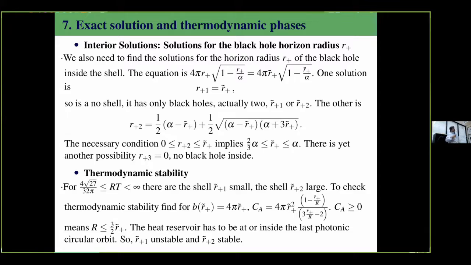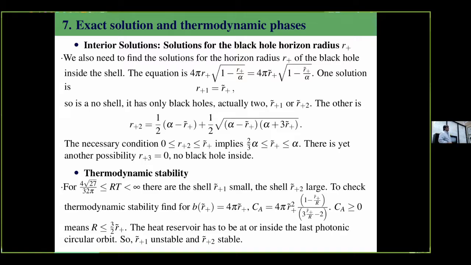Okay? But surprisingly, there is another solution, this one really for a black hole inside the shell, because this is a cubic equation. So it has one solution, and actually it has another. The other is complex. So R plus 2 is given by this expression of minus R plus tilde and this. And actually it's a black hole inside the shell.